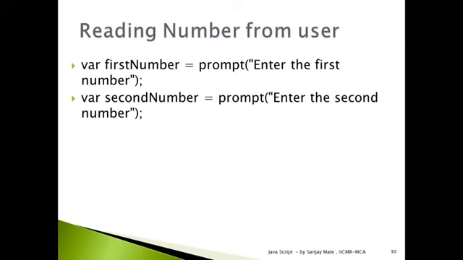So you need to convert those into integers using parsing or number constructors, which we are going to cover afterward. That is very important because it will give you strings, so you cannot add those two numbers directly.